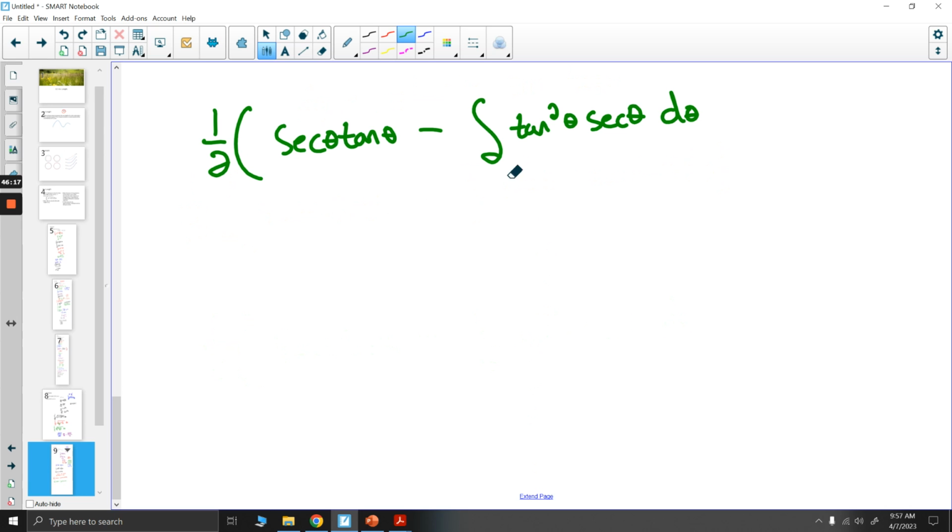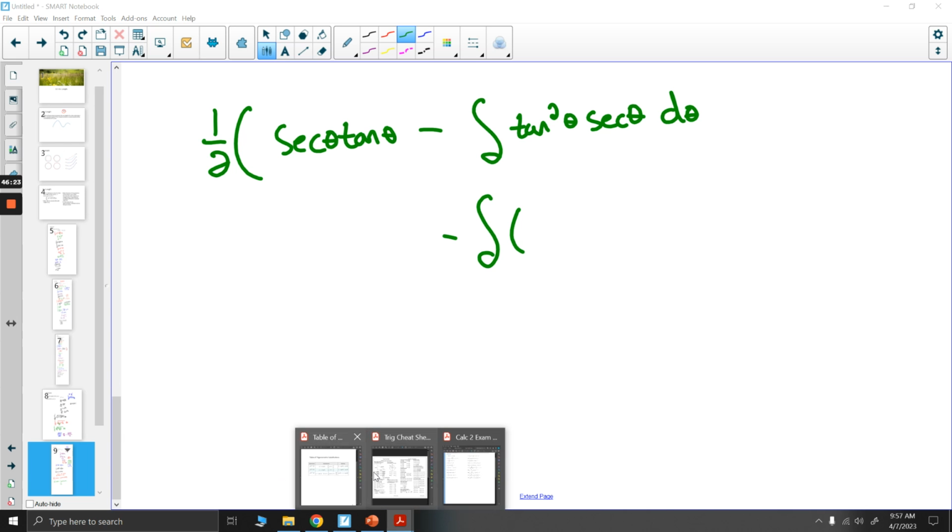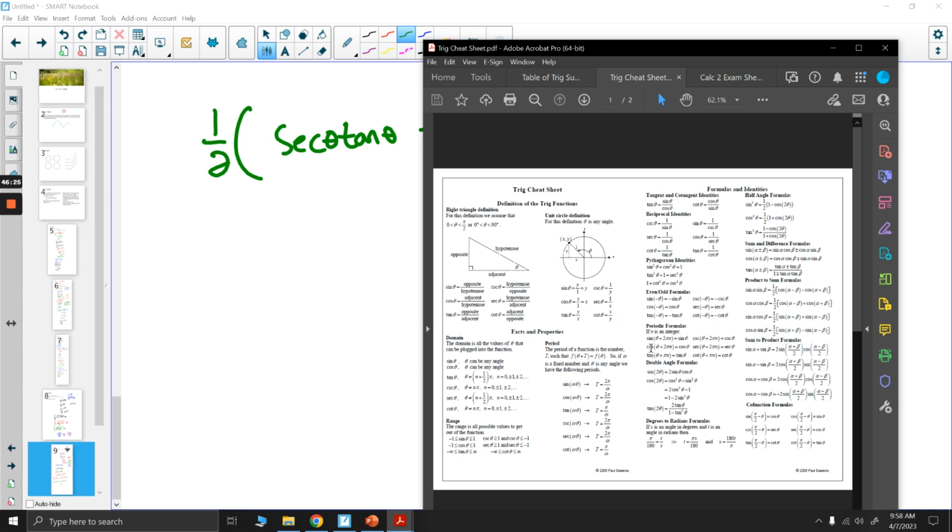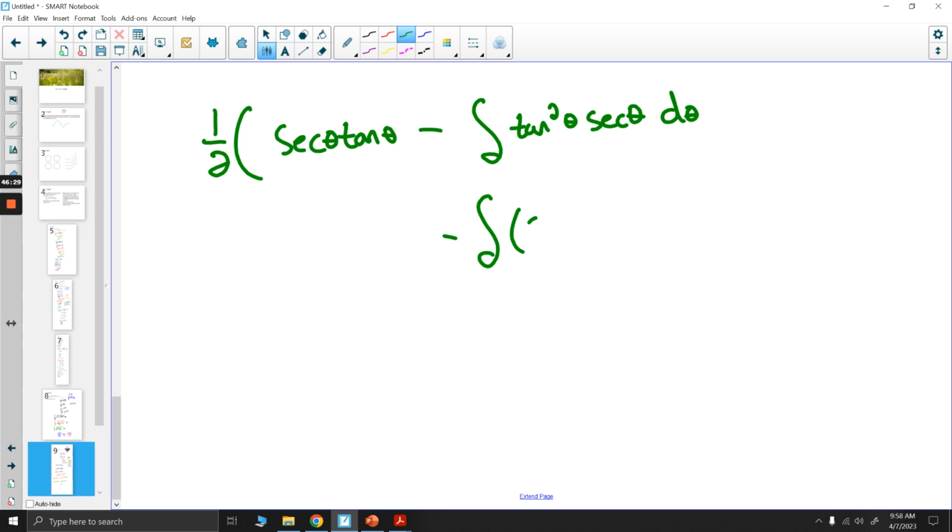Now, what is tangent squared? Well, that would be secant squared minus 1. Let's see. Tangent squared is secant squared minus 1. Yep. So secant squared theta minus 1 times secant theta d theta.